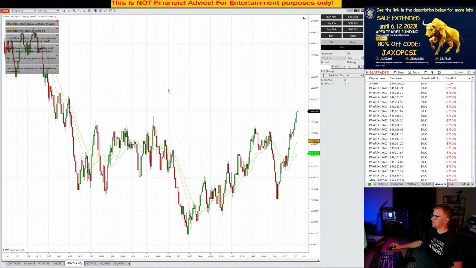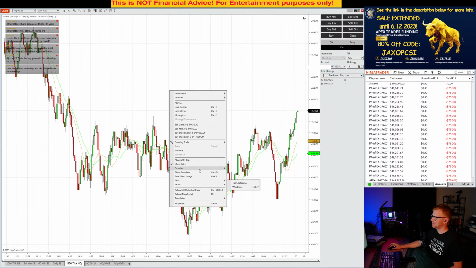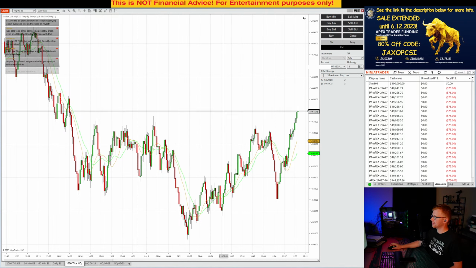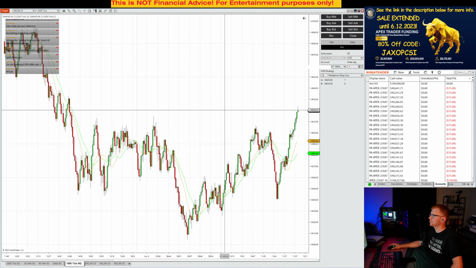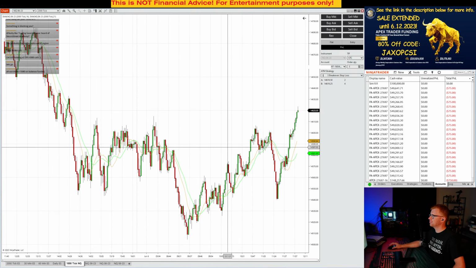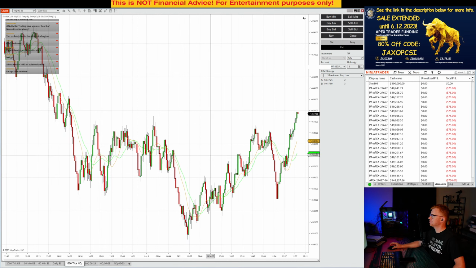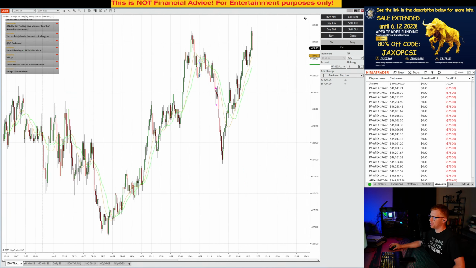NASDAQ broke out as well. Now pulling back. Man, look at that pullback. Man, this market is brutal.